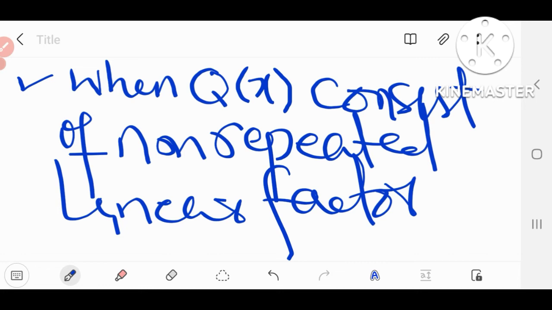The second thing we will have to focus on is the denominator of the given algebraic fraction, I mean to see the q of x, because the above one is called p of x. So q of x consists of non-repeated linear factors. This is case number one.